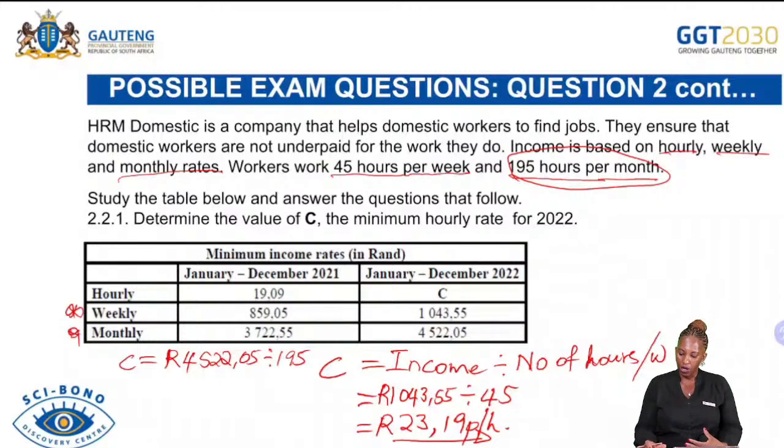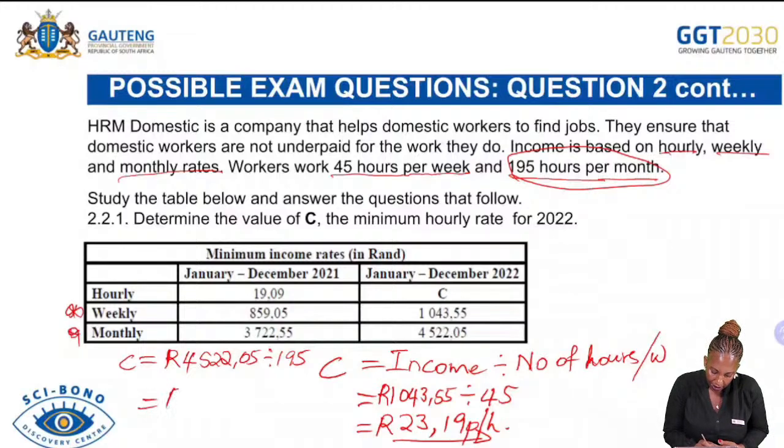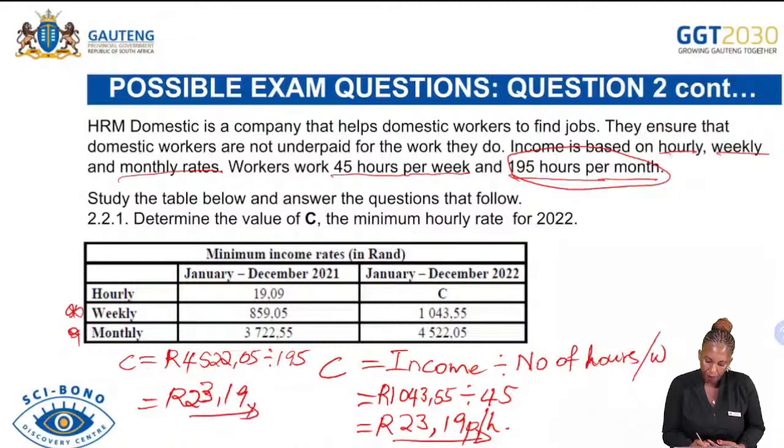I hope you are having your calculators, you are doing it with me. It will be 4,522 rand 5 cents. We divide it by 195, and then we still get the same answer to be 23 rand 19 cents per hour.